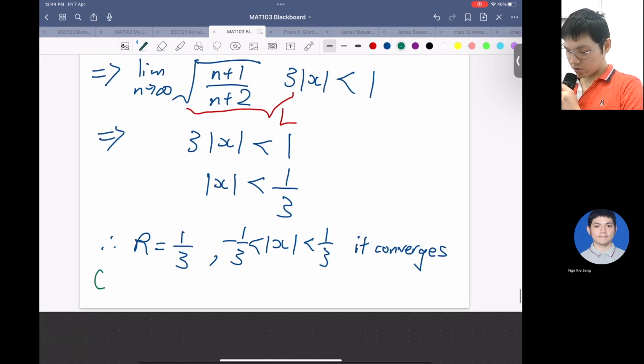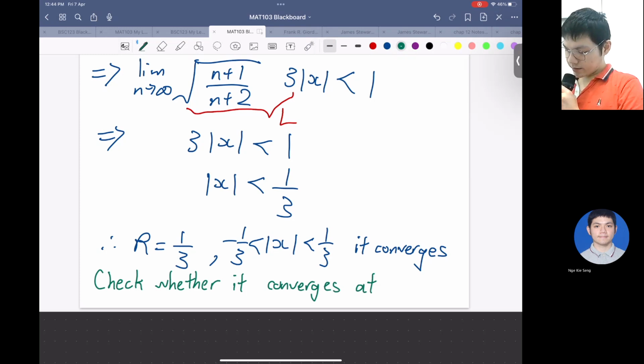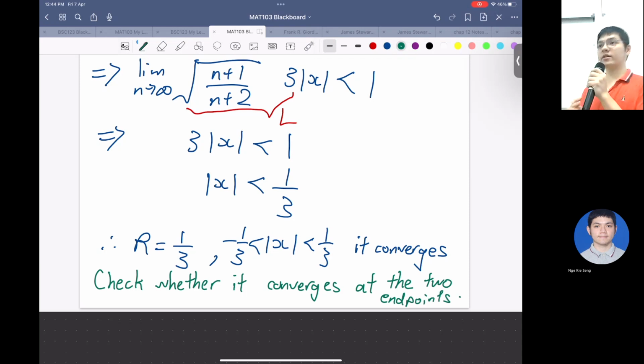So check whether it converges at the two endpoints. Whether you want to include the two endpoints, because at the endpoint the limit is equal to 1. Okay, so if the limit equals 1, you cannot decide anything.